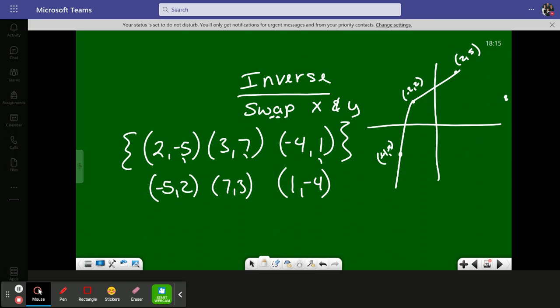What about if I ask for an inverse function on a graph? So I have -4, -3, -2, 2, and 2, 5. And I say, graph me the inverse function. What are you supposed to do? Just swap your x's and y's. So instead of plotting -4, -3, I'm going to plot -3, -4.